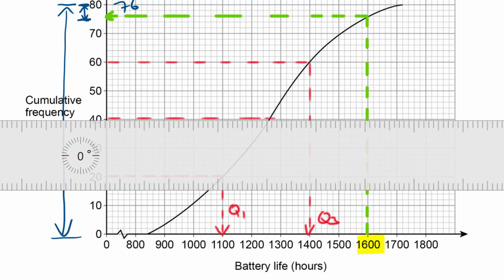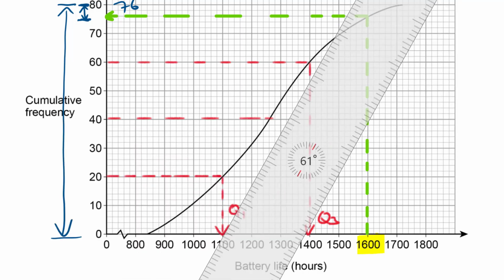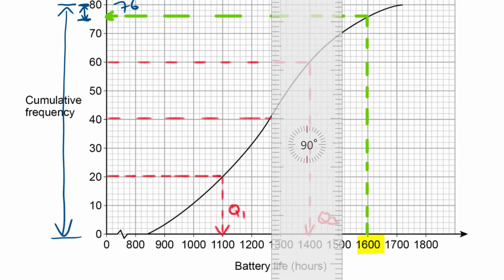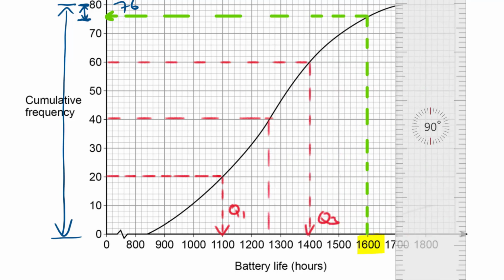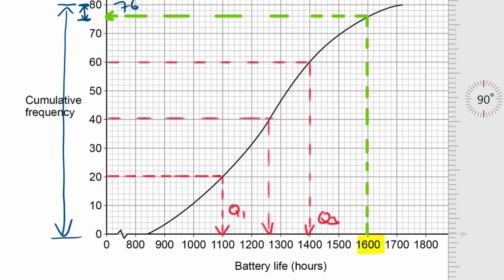Ruler, what's up with you? Okay, let's draw in again now. And then switching around and drawing down. Okay, I can see my Q2 value, or median, is there. So I read that to be, what, 3 out of 5 little squares up from 1200.